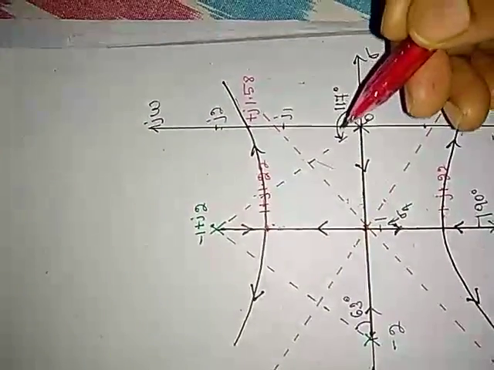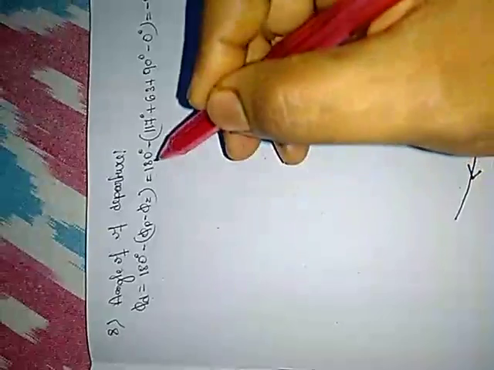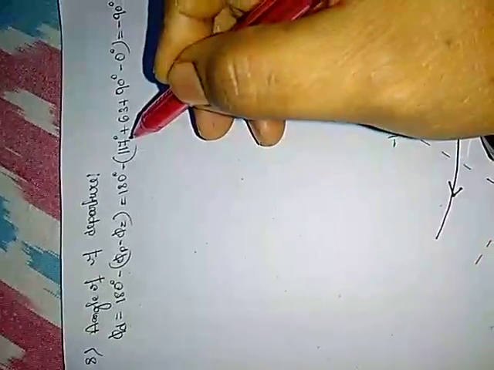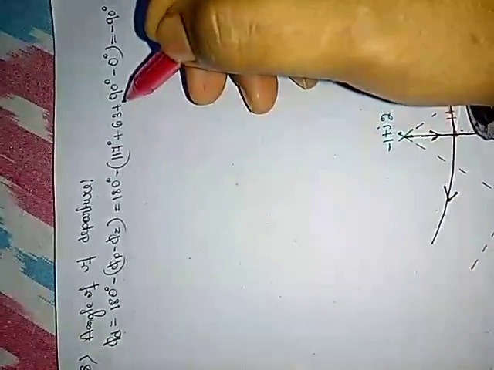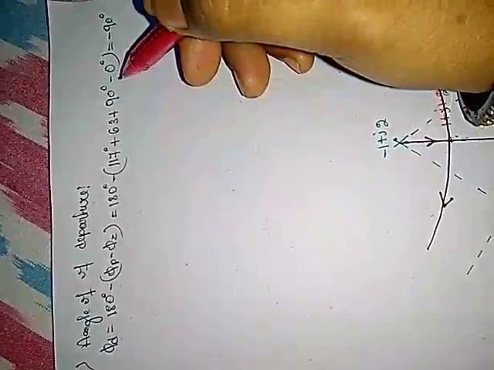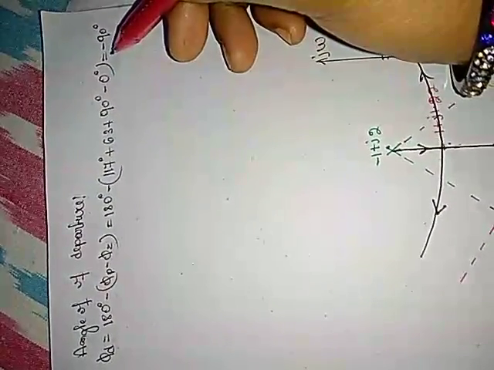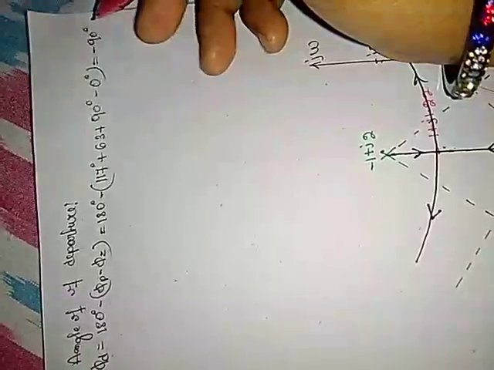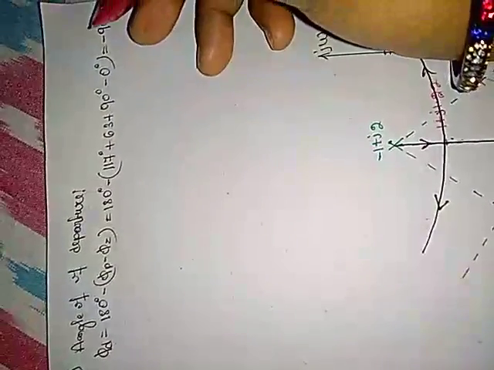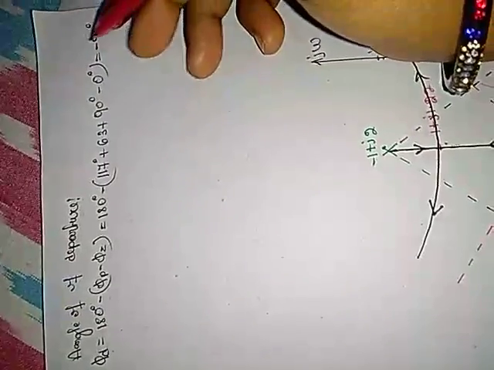So this angle plus this angle plus this angle, you get 180 degree minus 117 degree plus 63 degree plus 90 degree, minus phi z which is here 0, and after solving you get minus 90 degree. In this type of question you always get the angle of departure as minus 90 degree.